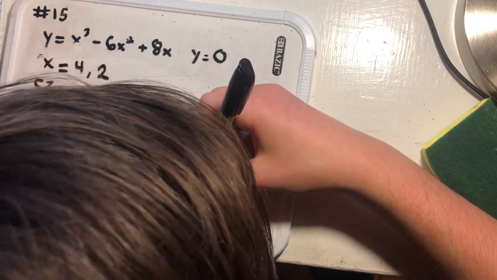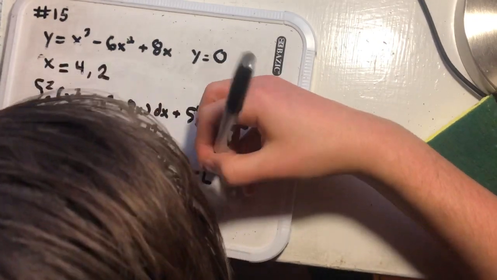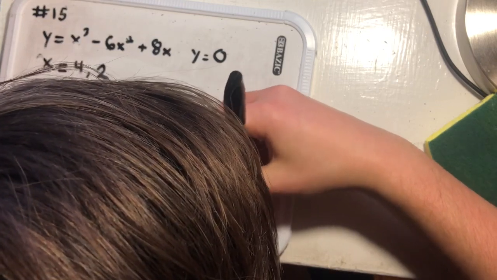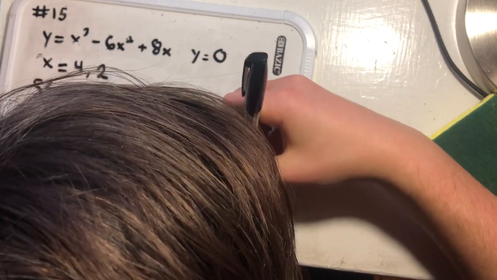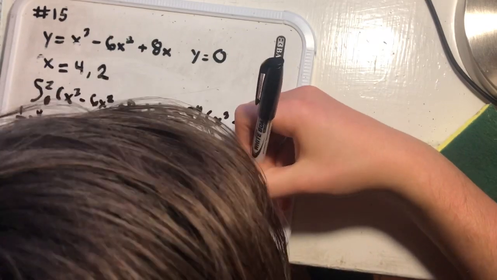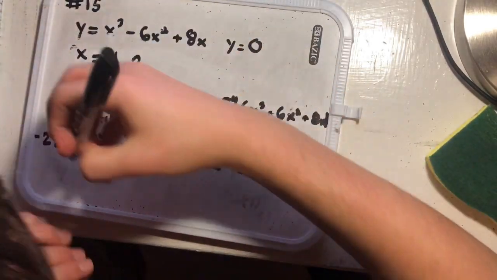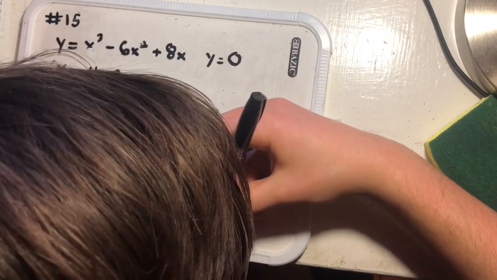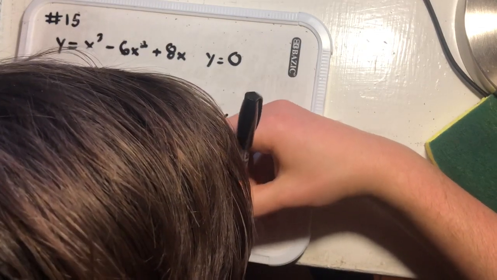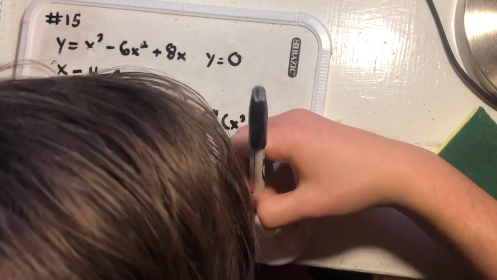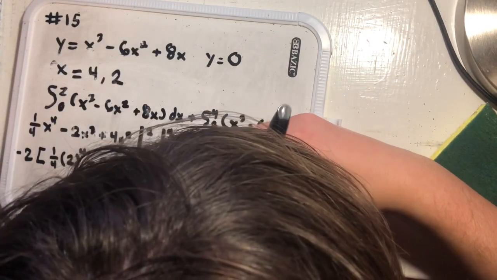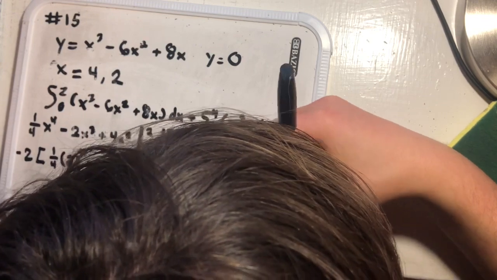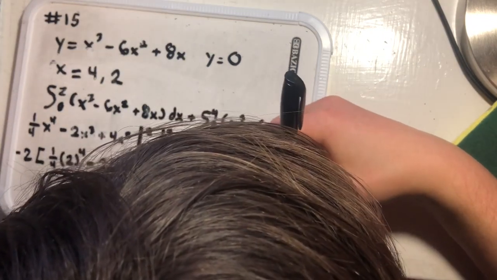So plug in 1/4 times 4 to the 4th minus, oh good, ran out of room, 2 times 4 cubed plus 4 times 4 squared.